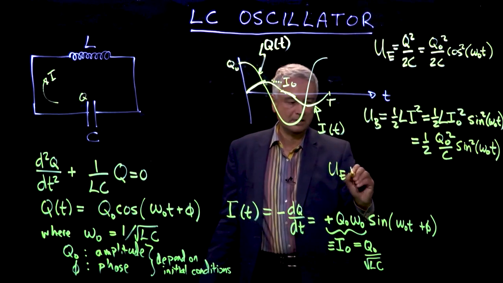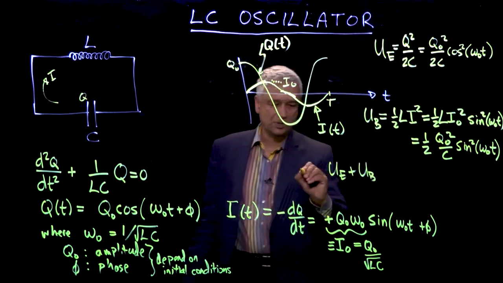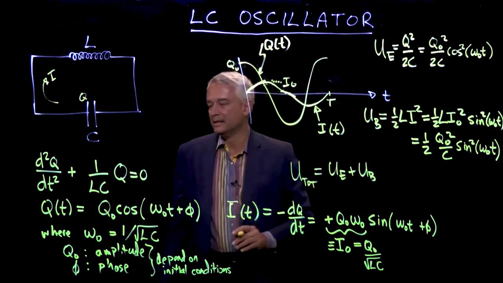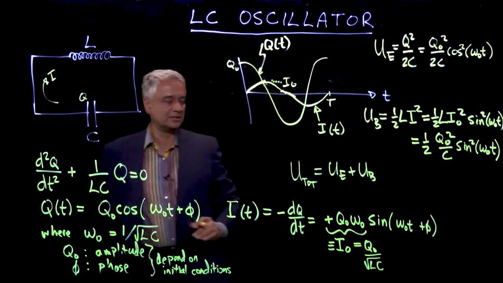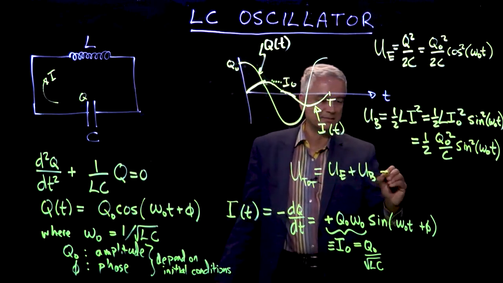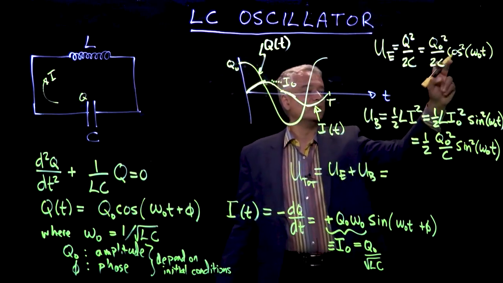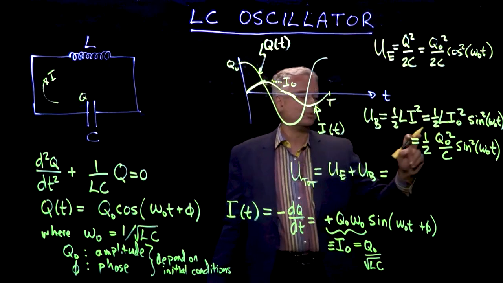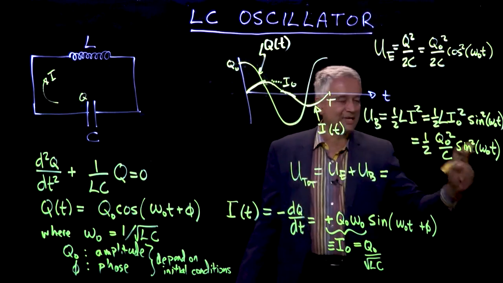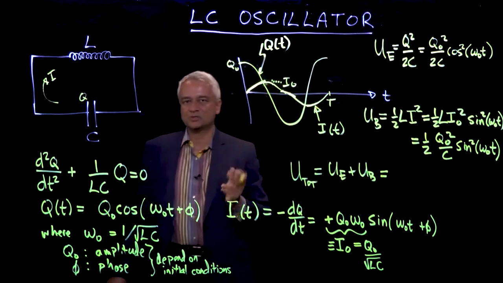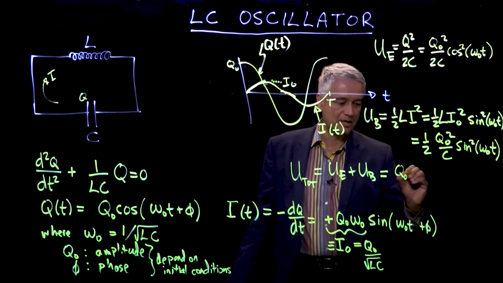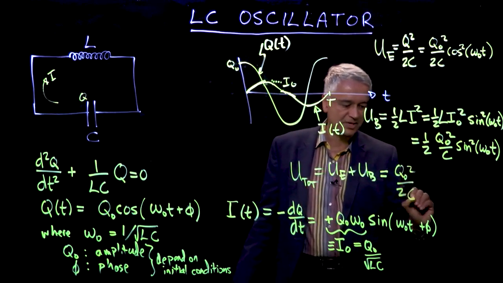UE plus UB, which is to say the total energy in the capacitor plus the inductor, is given by Q naught squared over 2C times cosine squared omega naught t plus Q naught squared over 2C times sine squared omega naught t. And cosine squared plus sine squared is 1. So it's just Q naught squared over 2C, which is a constant.